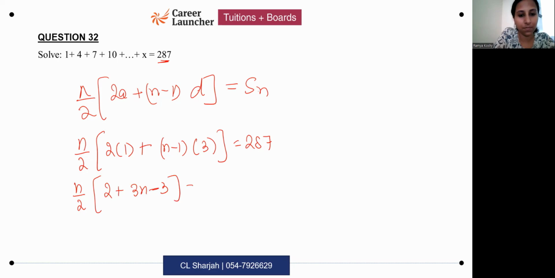You will get a quadratic equation. When you use the Sn formula to find n, it will always become a quadratic equation. You need to solve that quadratic, and remember to choose only the positive value as the value of n.